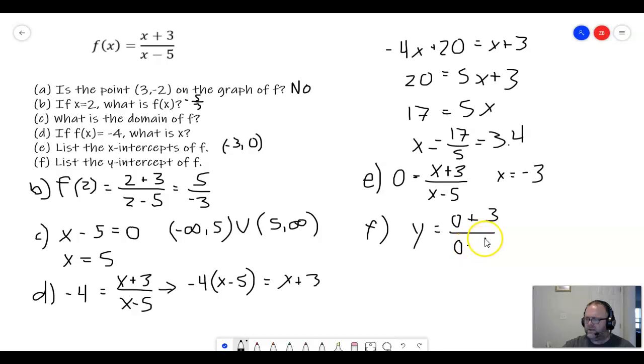And that's going to give me that thing that I got earlier, right? Negative 3/5. So that will be my y-intercept. I can write that as 0, negative 3 over 5.